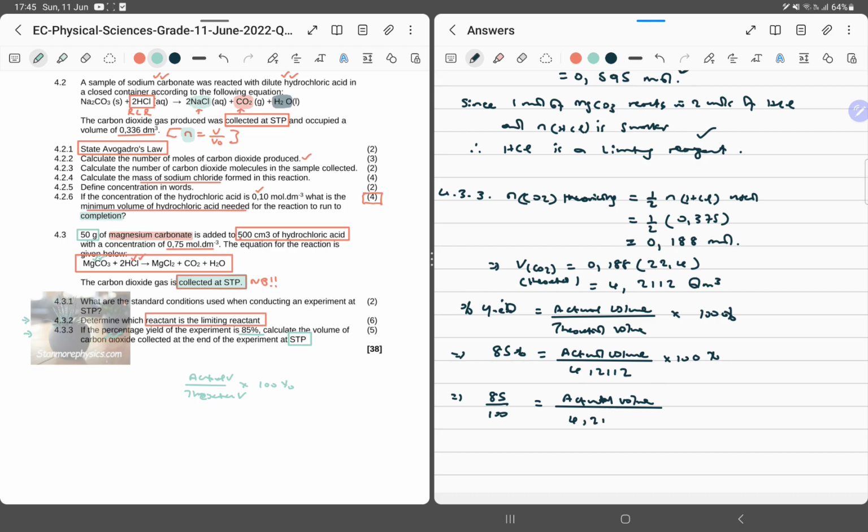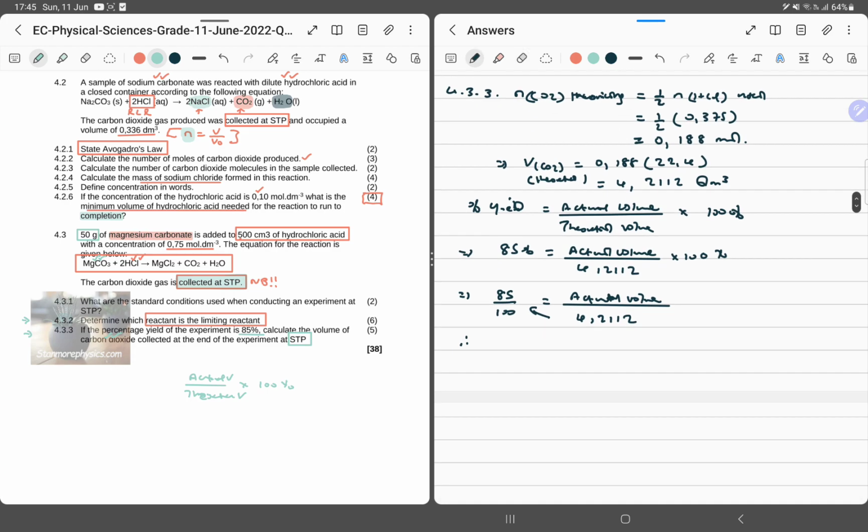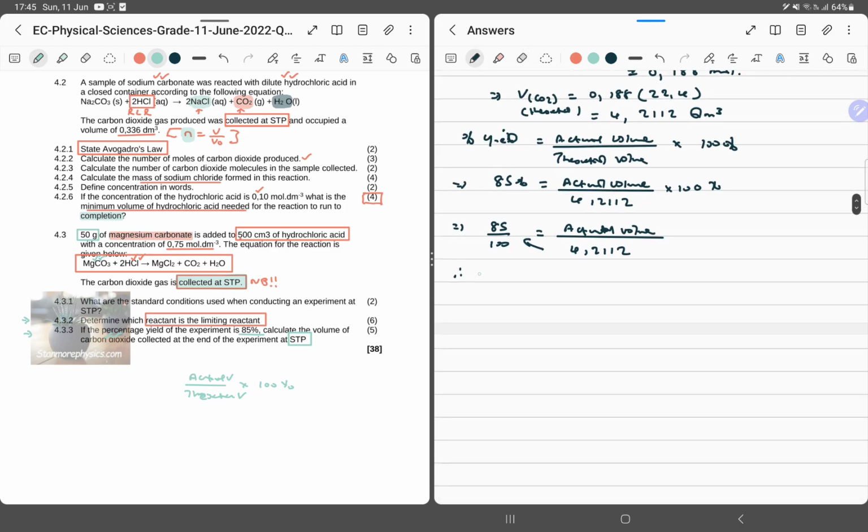This is 4.2112. Here you just cross multiply that. It's a very good gymnastic. So now the actual volume of CO2 is going to be basically 85 over 100 multiplied by 4.2112.